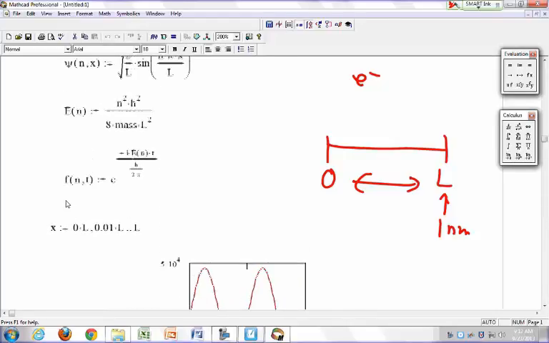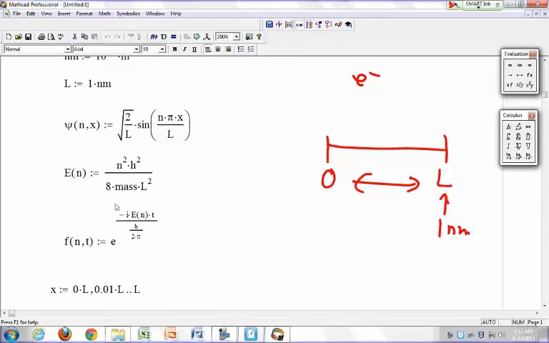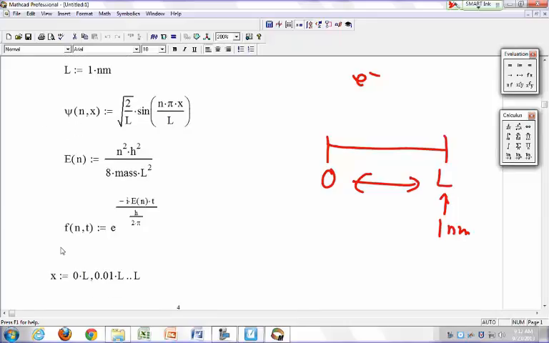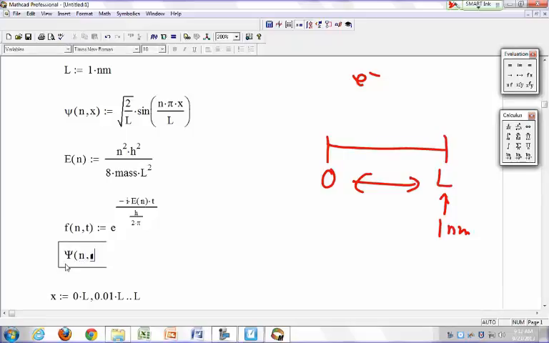Now, what's the overall wave function though? It's little psi times f, right? The overall psi. So let's define overall psi. So capital Y, Control G makes it uppercase psi, the Greek letter for Y. So this would be for the nth quantum state.